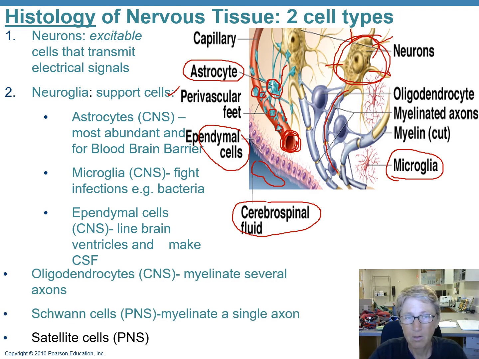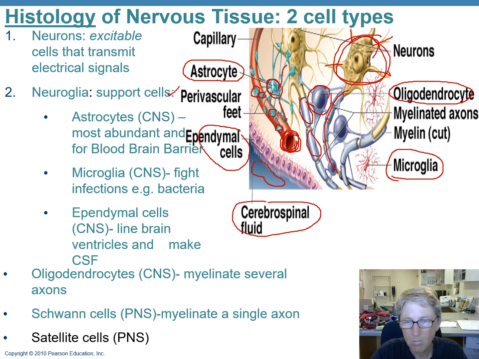The next support cell is an oligodendrocyte. So here's a cartoon of an oligodendrocyte. Here's the cell body of the oligodendrocyte. And then the oligodendrocyte sends out these processes that myelinate or make these myelin sheaths on the axons of neurons. So an oligodendrocyte can myelinate several axons.